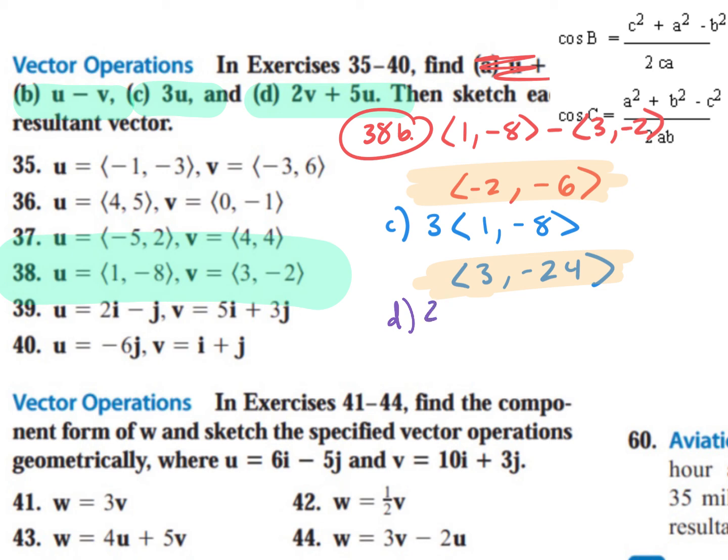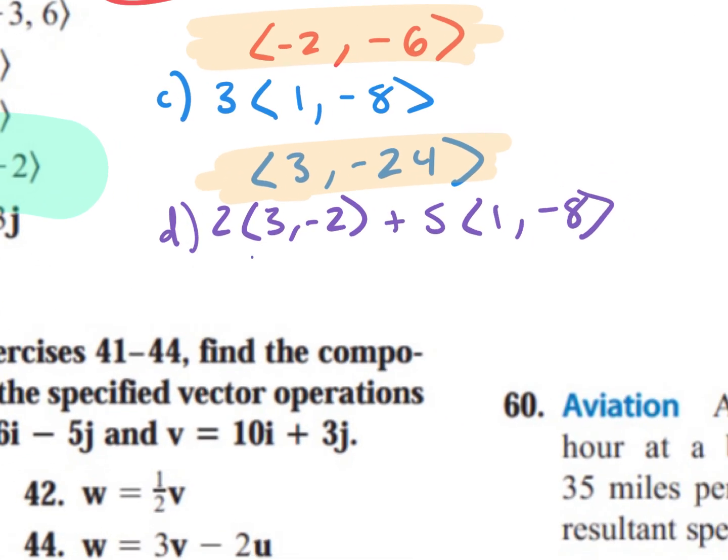So it's 2 times V now, so it'll be 3, -2, plus 5 times U. So this will be 6, -4, plus 5, -40. And then we add them, so 11, -44.